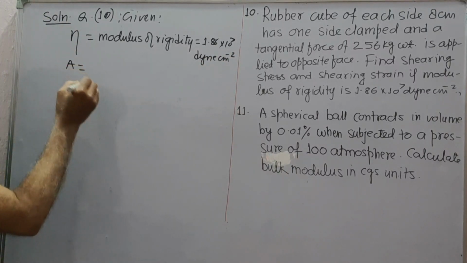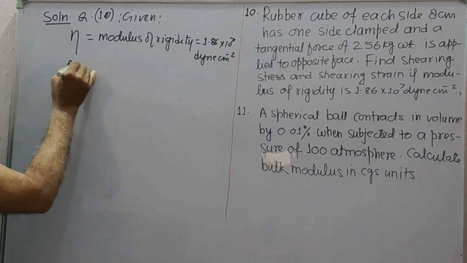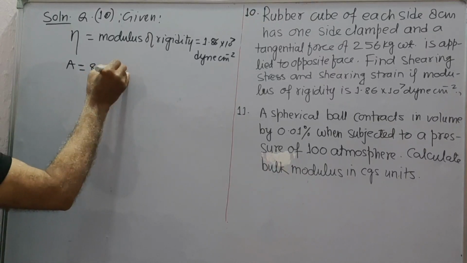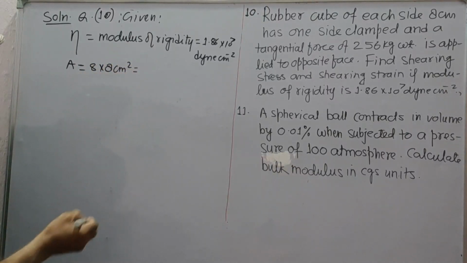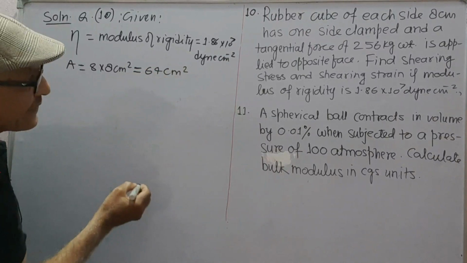Area will be equal to 8 cm into 8 cm, square, 64 cm square.